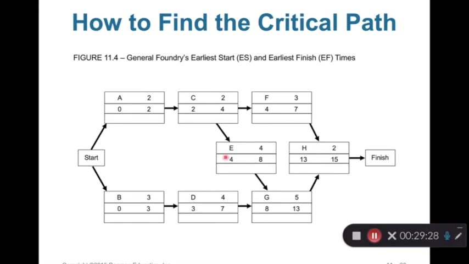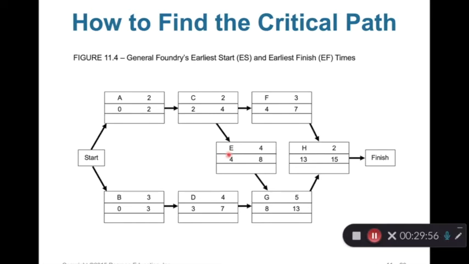Why? Because E is an immediate predecessor for G. In other words, we have to complete activity E and then we can start activity G. But right now, if we set ES for G to 7, G is already started, but E is not completed yet. So this is impossible.